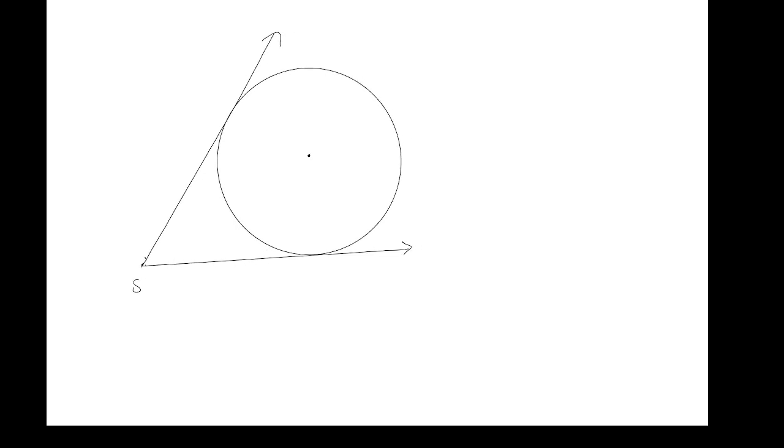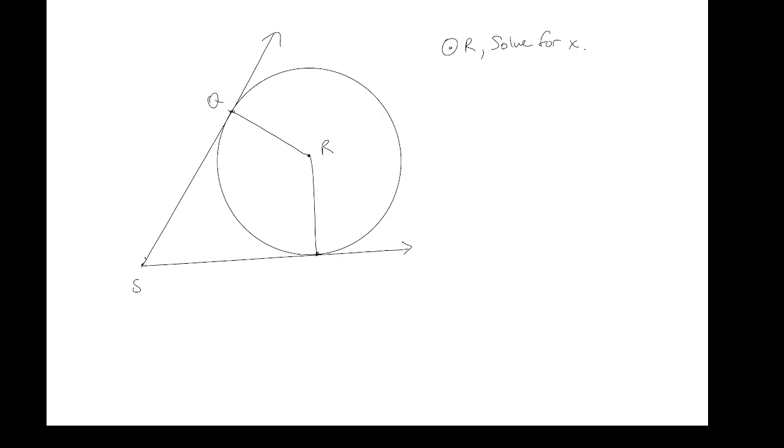S. I have center R. This is circle R, where we're going to solve for x. I have a point of tangency. I have a point of tangency. Okay, let's see if I can make these radii actually do what they're supposed to.